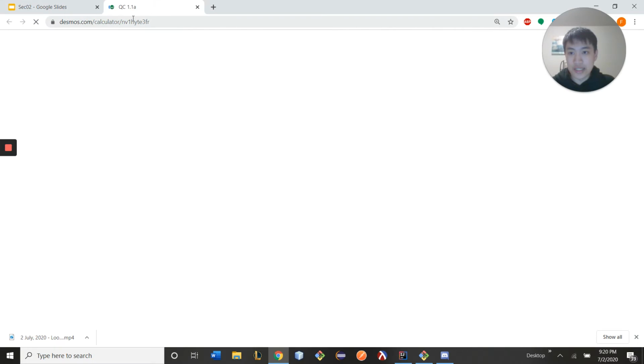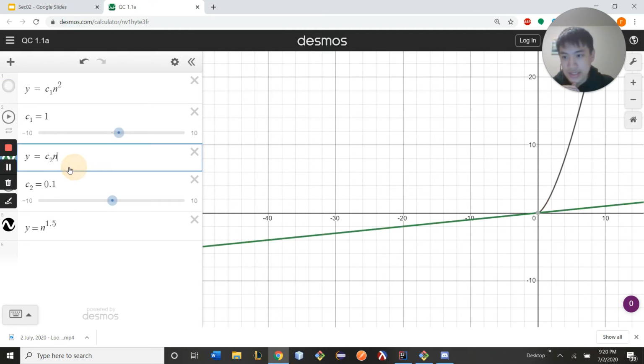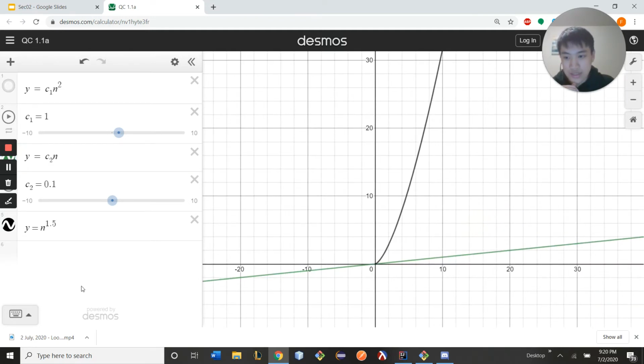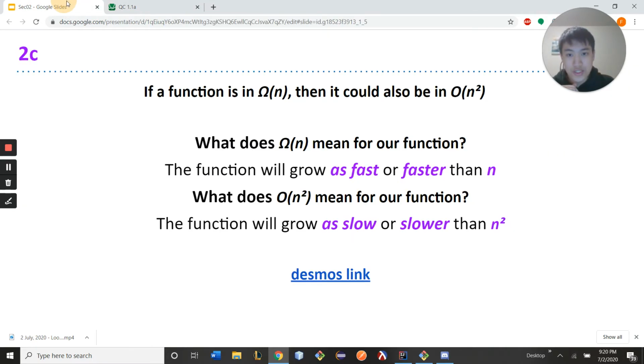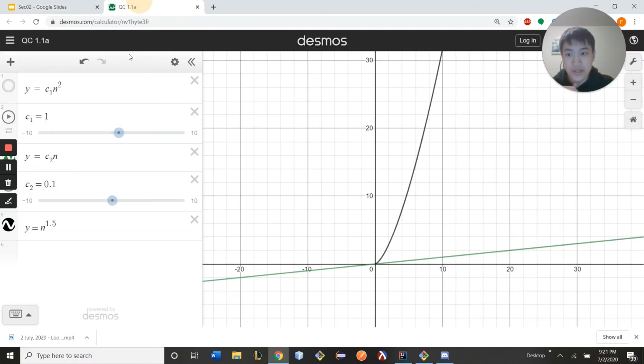So I'm going to open a Desmos link right here. We'll just wait for it to load real quick. So our proposed function is this black function right here. All right, it's y equal n to the power of 1.5. And notice here, the first thing that I want to prove is that that function is in big omega of n. So I pick n multiplied by some constant, which in this case I chose 0.1.